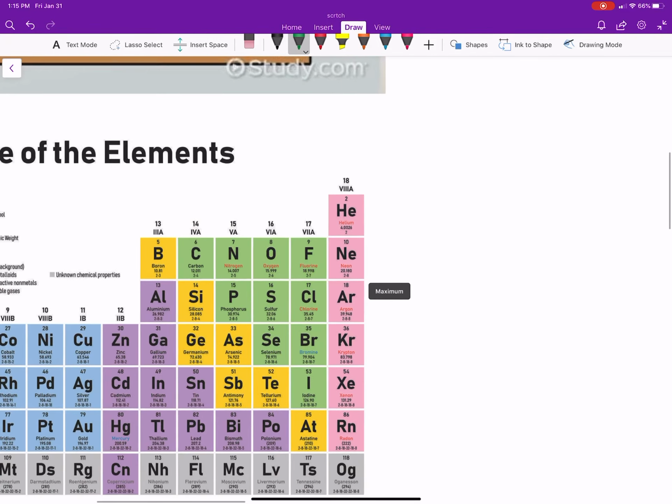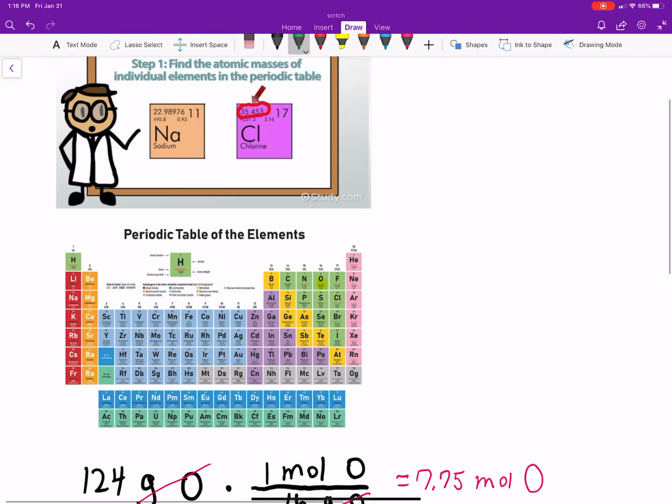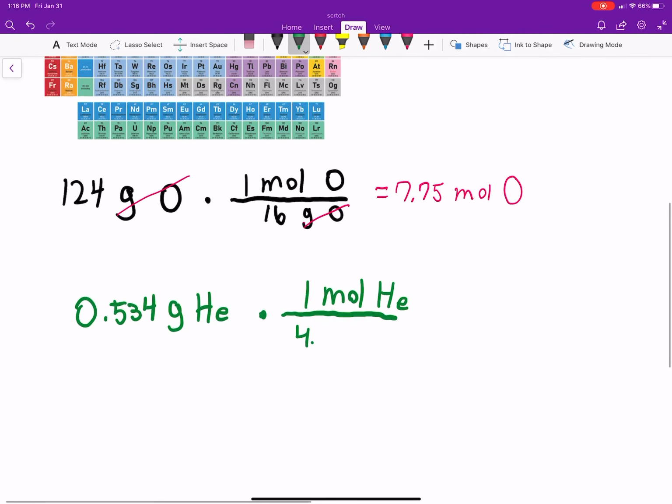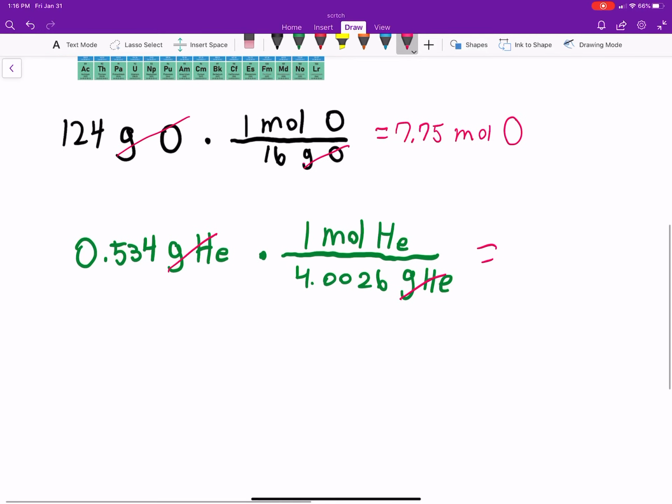We just go up to our periodic table, 4.0026 grams of helium. And once again, they drop, and you'll get whatever number that is. It's going to be a small number. So just throw that in your calculator and you should be okay. So hopefully that makes decent sense. I think it's like 0.12 or something. It's about.